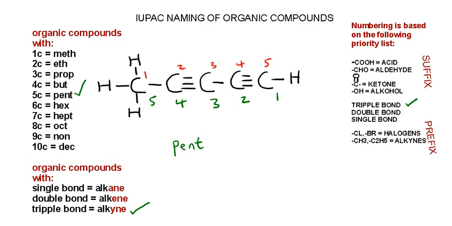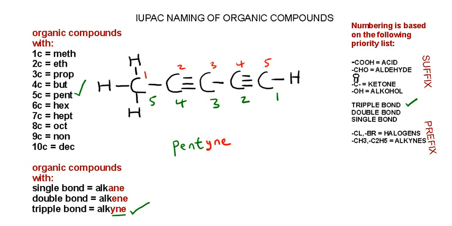So we are going to take the YNE from alkyne and add it here. So it is called pentyne, but this is not the appropriate name. So let us now find out the appropriate name for this organic compound.